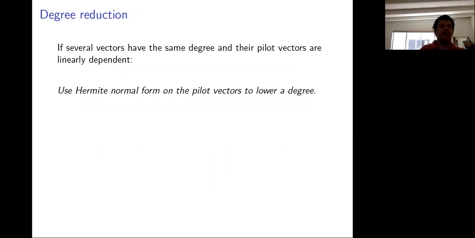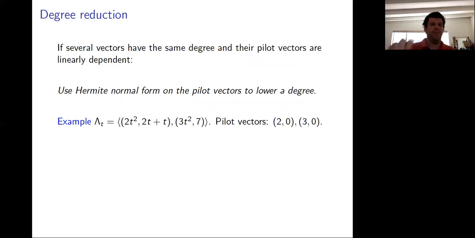So for the linear dependence problem, if I have vectors of the same degree, I do something else with the pilot vectors. I can use the Hermite normal form to eliminate one of the pilot vectors, which means lowering the degree of the whole vector. So taking the same example, 2t squared, 2t plus t, and 3t squared and 7, with pilot vectors 2, 0, and 3, 0.